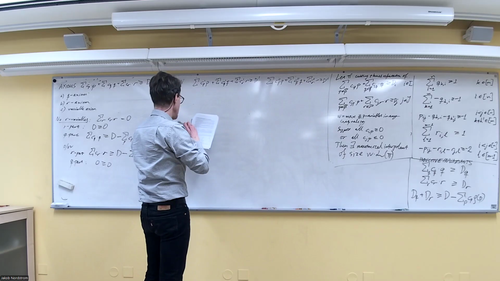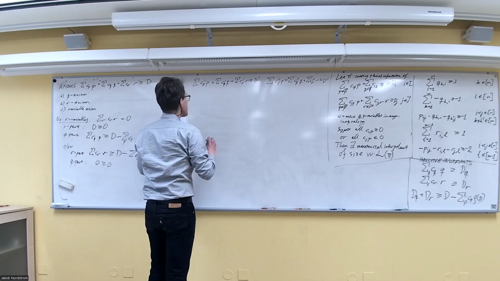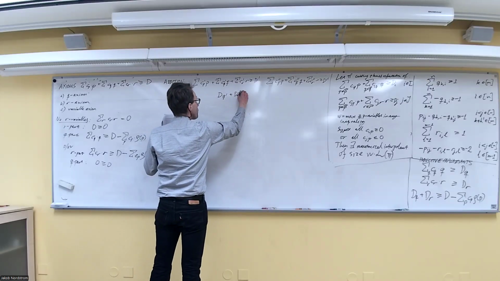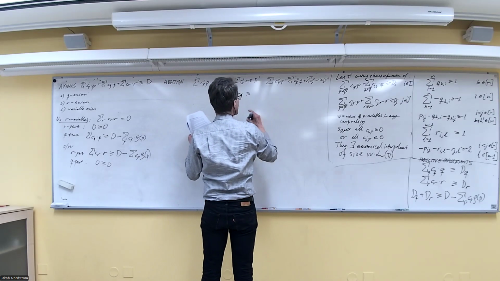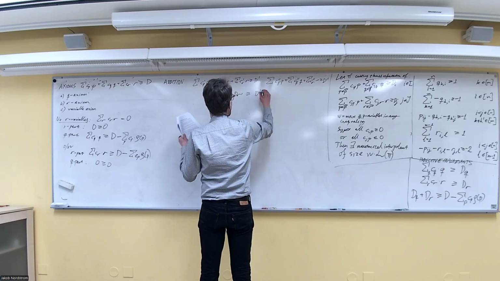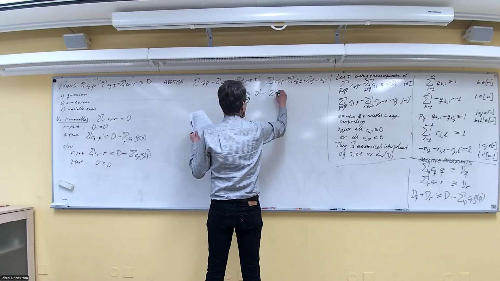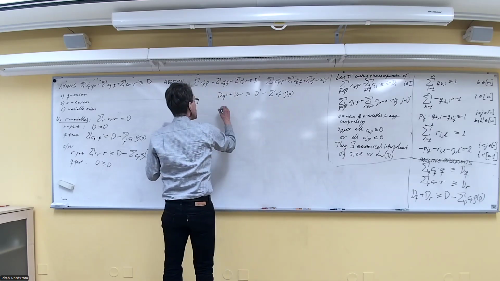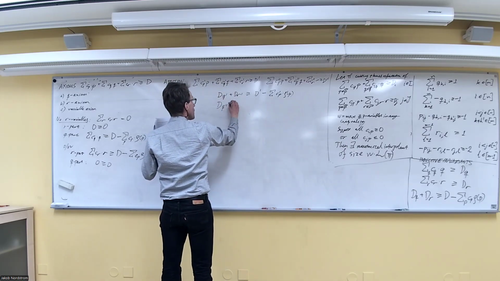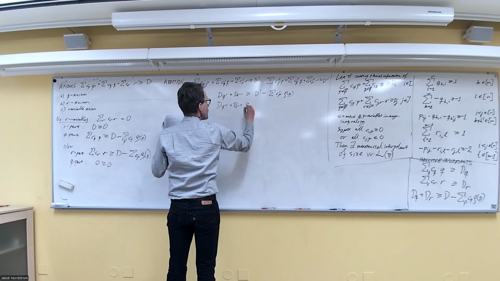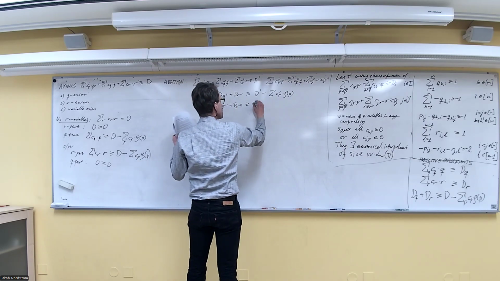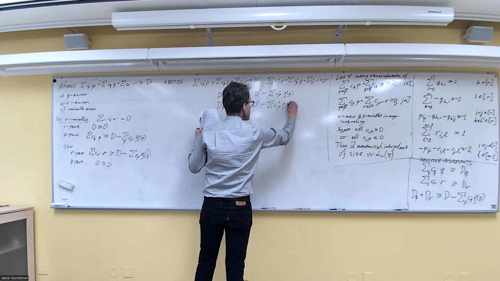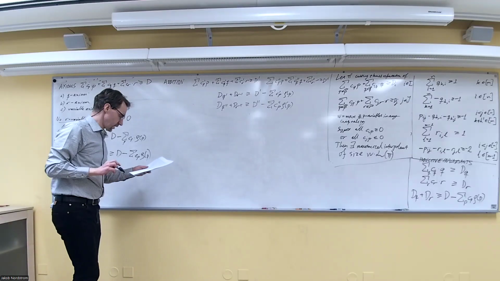So by the inductive hypothesis, we know that we have DQ prime plus DR prime greater or equal D prime minus C prime P times rho of P. And we have DQ double prime plus DR double prime greater or equal D double prime minus C double prime P times rho of P, when we just did the splitting.